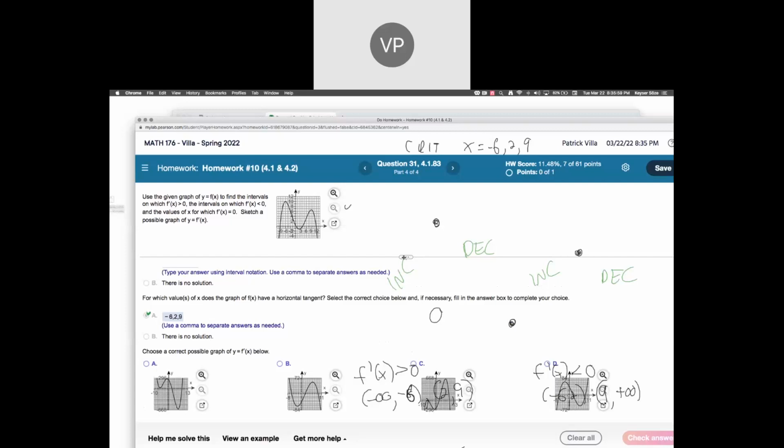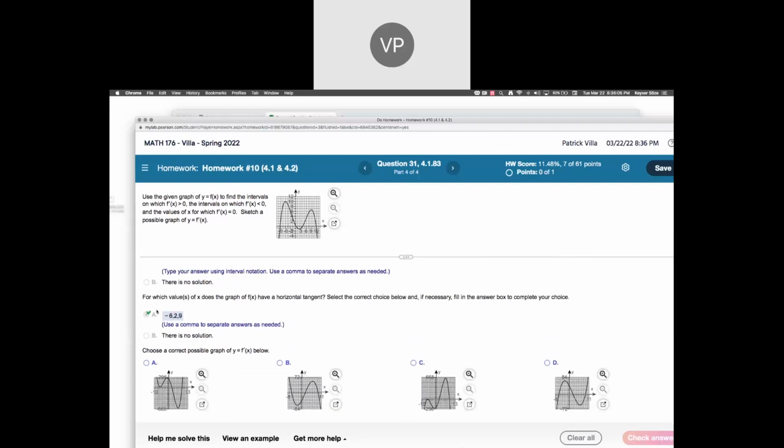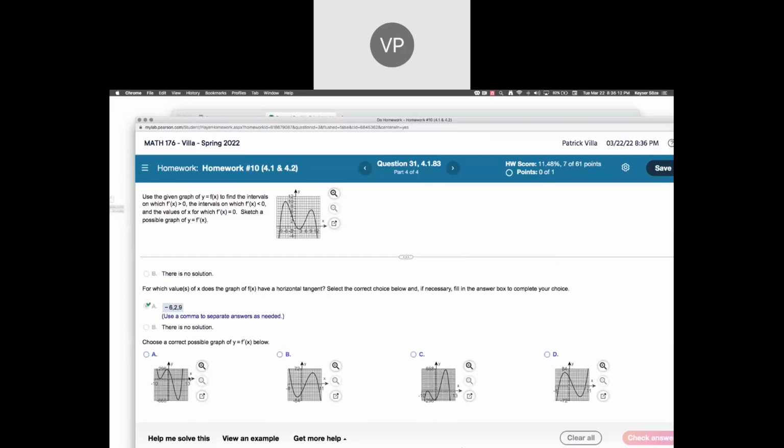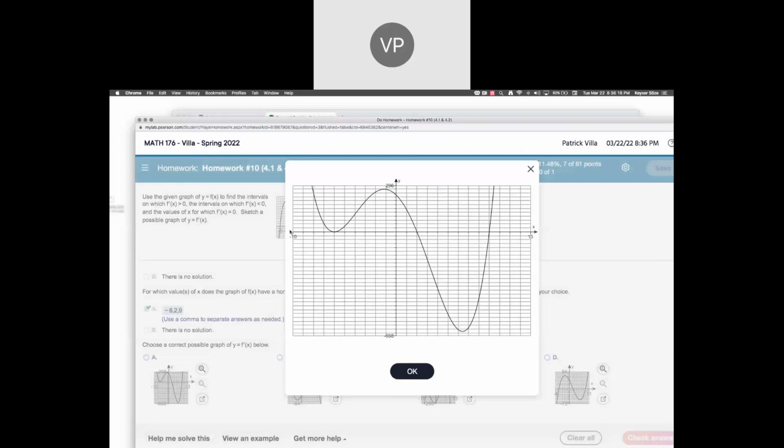Just think of it. We have all these answers here, so I'm going to clear everything out because we have everything written. Okay, so remember, when the derivative equals 0, it equals 0 at -6, 2, and 9. So look at my pictures. I want to see the derivative graph hitting 0 at -6, 2, and 9. And I think it does.